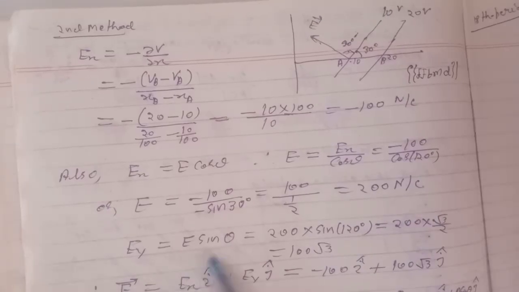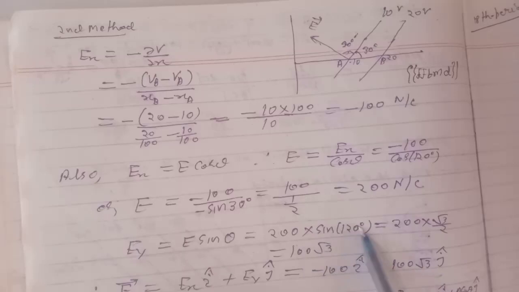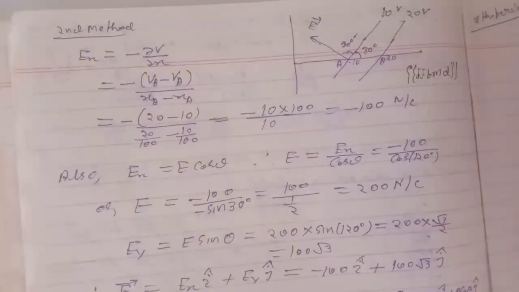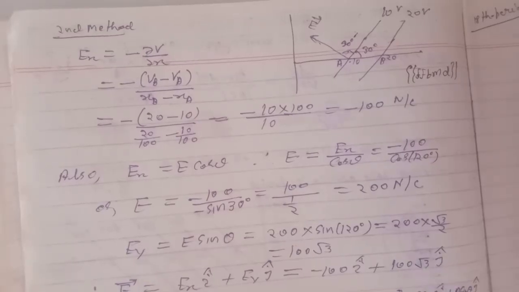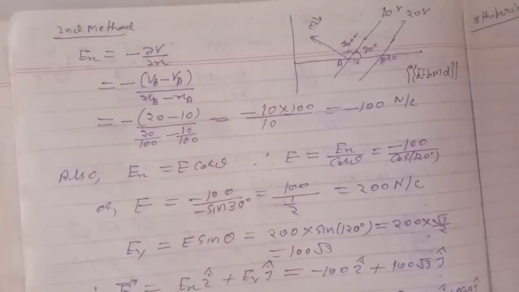So Ey equals to E sin theta, 200 into sin 120 or 200 into root 3 by 2, 100 root 3. Hence E vector equal to Ex i cap plus Ey j cap, minus 100 i cap plus 100 root 3 j cap.